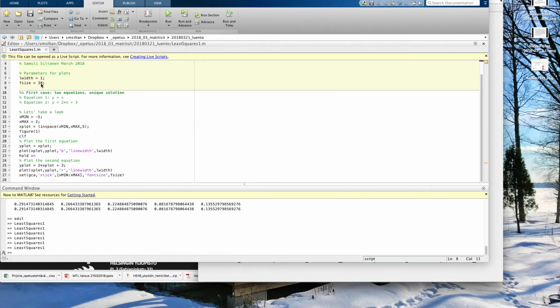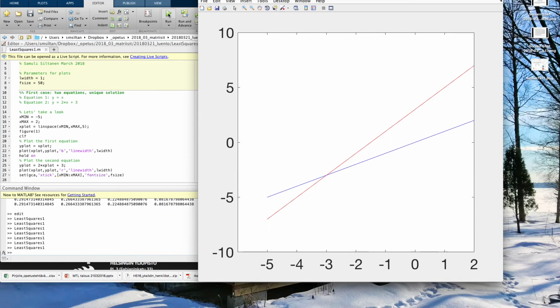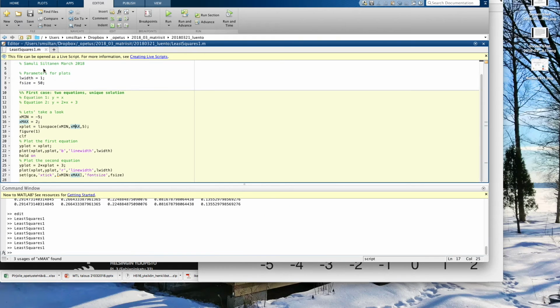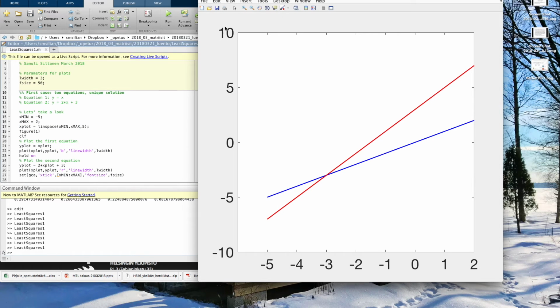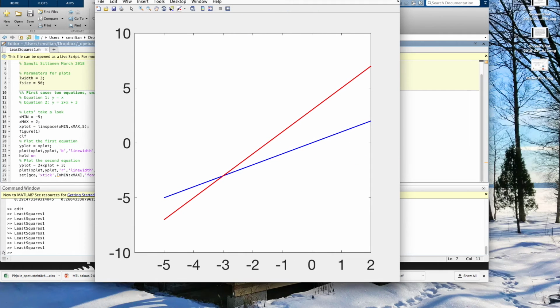Maybe not enough. Let's put 50. Okay. Can you see these now? And the line width, maybe it's too little. Let's put more. Okay. Can you see this in the back now?